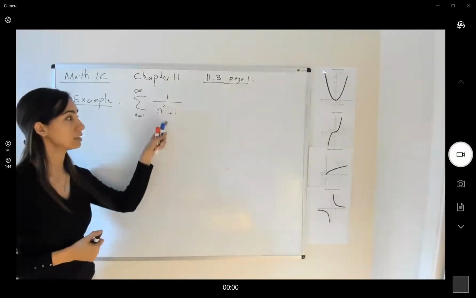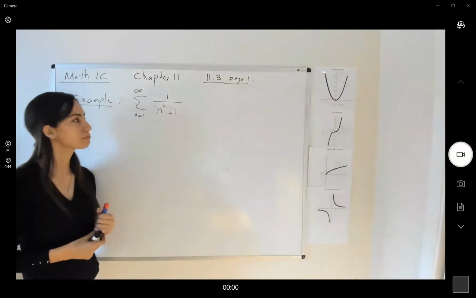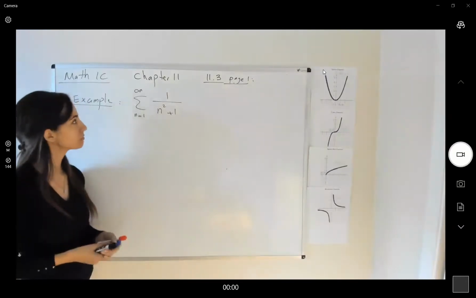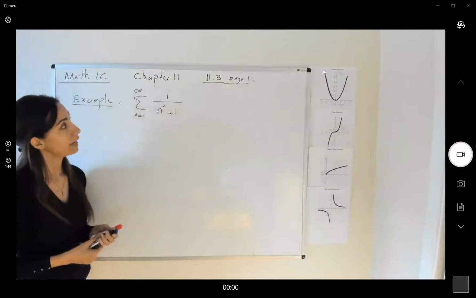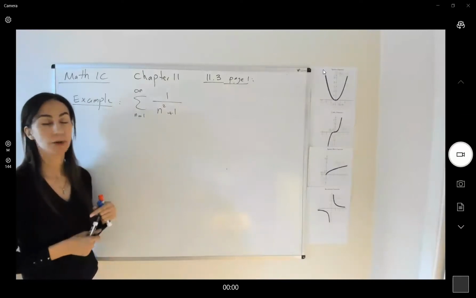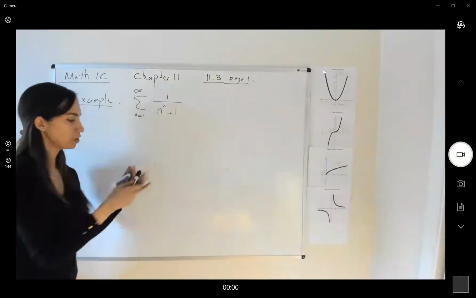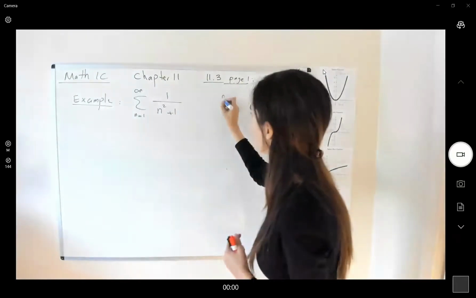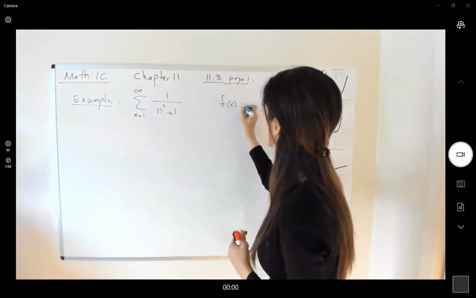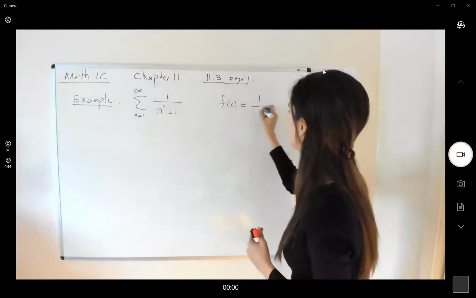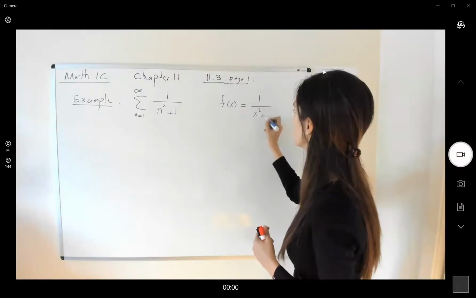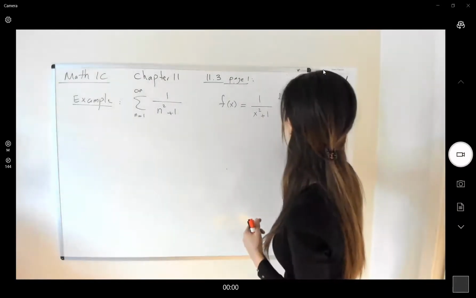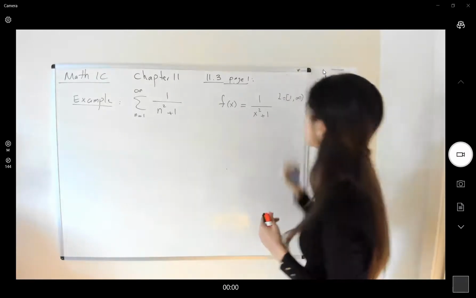As you can see, this is not a geometric series, and we haven't seen this series before. So the function equivalent to this series, the general term, is f of x equals 1 over x squared plus 1 over the interval 1 to positive infinity.